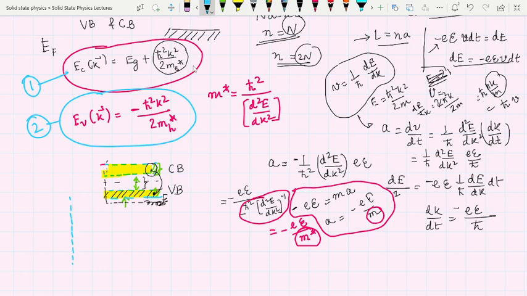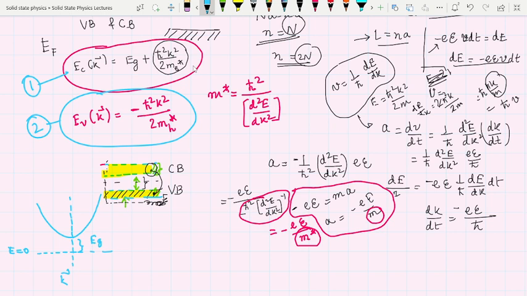So if we represent this to be the k line, the energy can be given by this. This is parabolic in nature, separated by some spacing Eg, and this is the equal to 0 line.